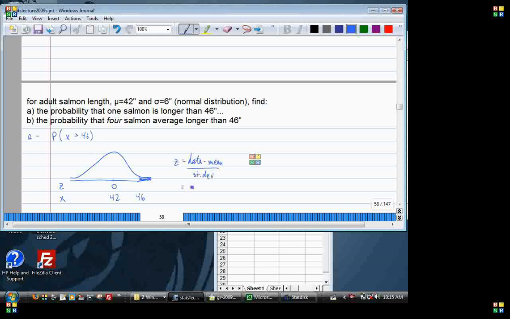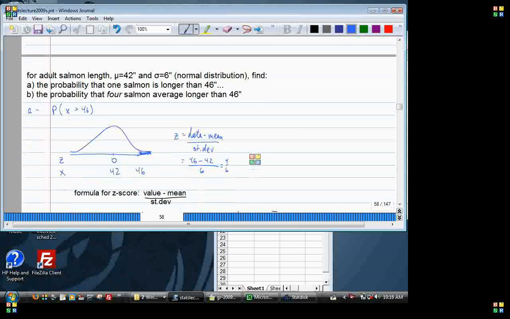And what is that here? 46 minus 42 divided by 6. Exactly. And that works out to 4 over 6, that's 2/3. I'm just going to write 0.67, that's fine.